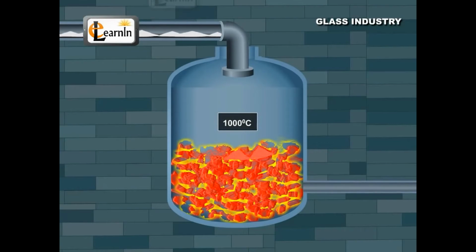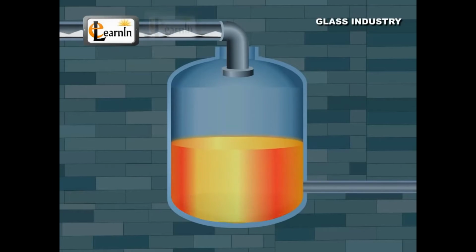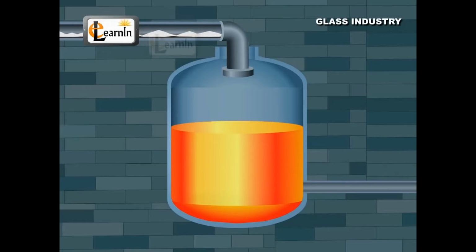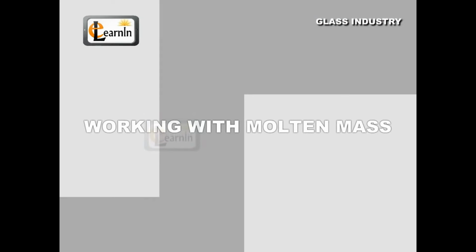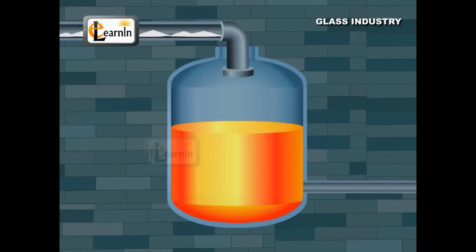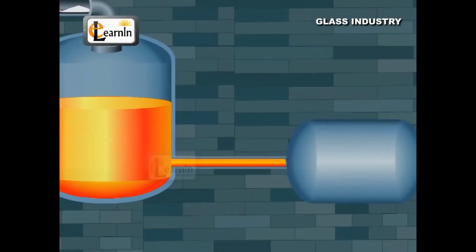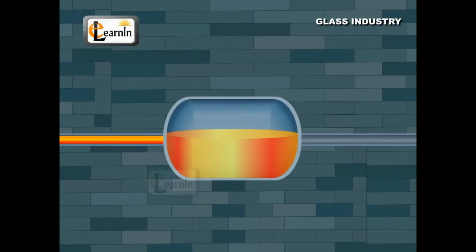The whole mass is heated to 1000 degrees Celsius. A chemical reaction occurs, and then impurities called glass gall rise to the surface and are removed. The fused mass is allowed to cool, but it is still maintained in a liquid state.